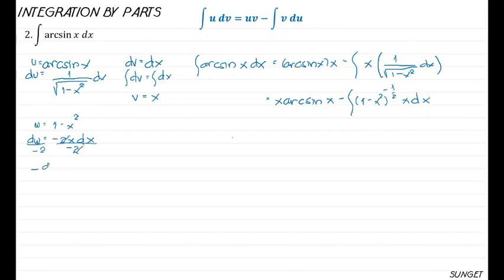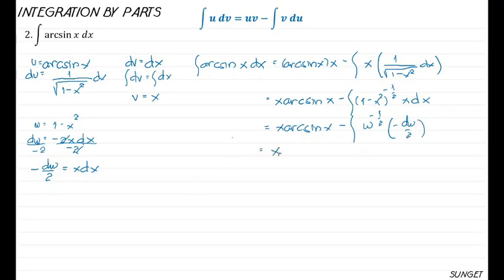Cancel. So negative dw over 2 is equal to x dx. Then substitute. We have x times arcsin x minus integral of w raised to negative 1 half times x dx, so negative dw over 2.